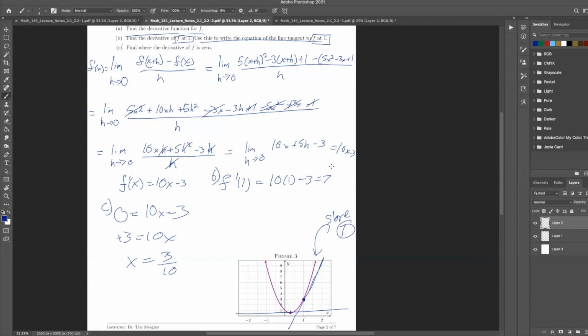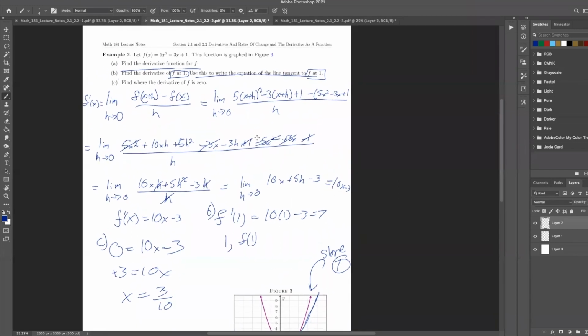If I wanted to find this line, how would I find this? Well, here I know the slope, right? Let's go ahead and find a point on this line. Well, the point on this line is 1 and 3. How do I know that? Well, here if I plug in 1 into this original function, I'll get 5 minus 3 plus 1, which gives me 3.